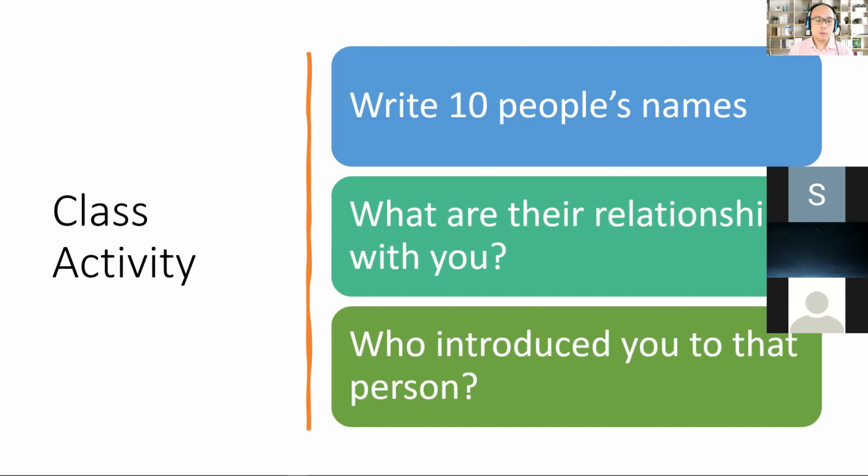What I want you to do is divide your paper into 3 columns, just roughly. Oh, maybe I should do this as well. Hang on. Oh, this is not going too well.